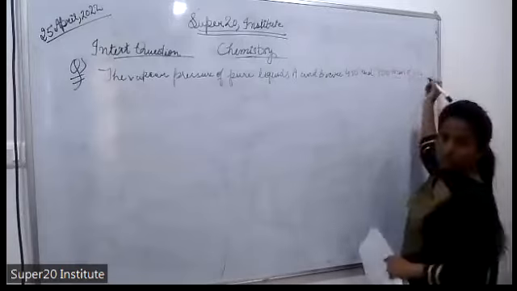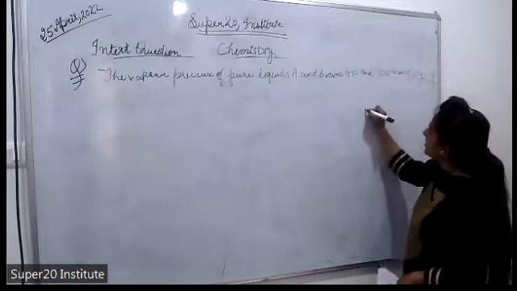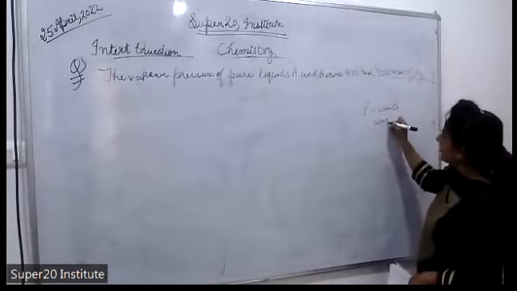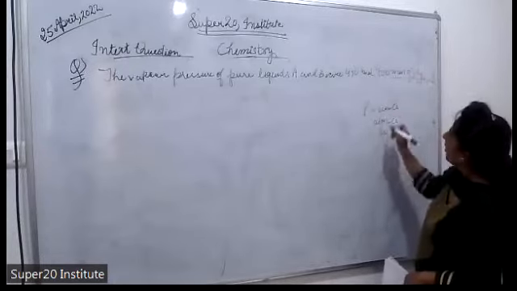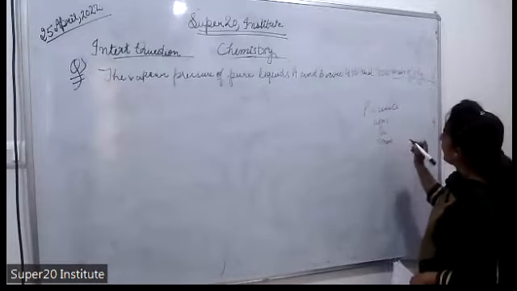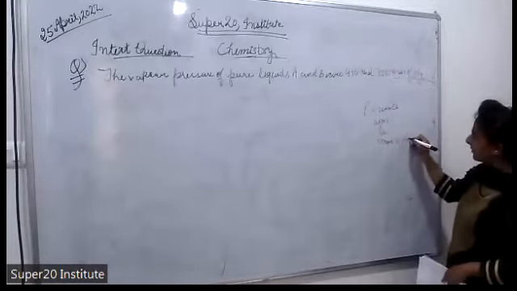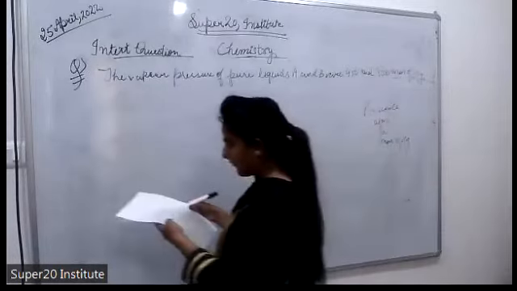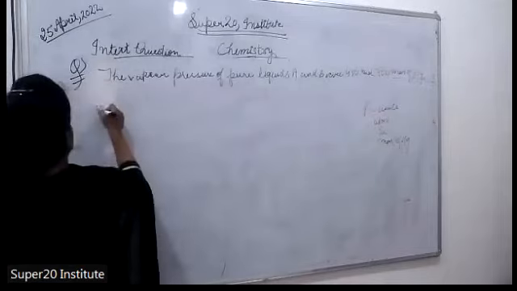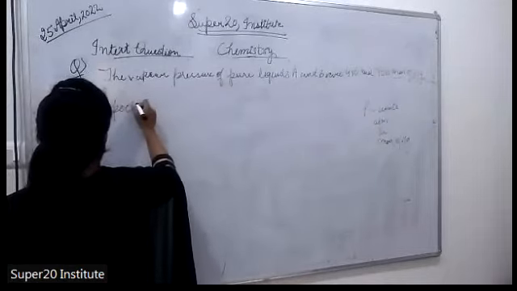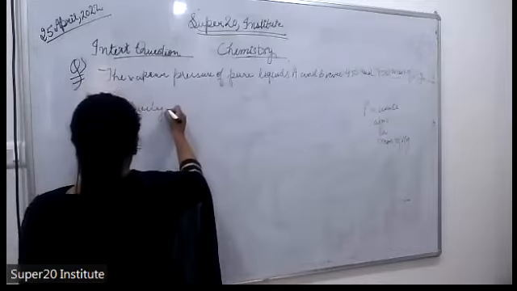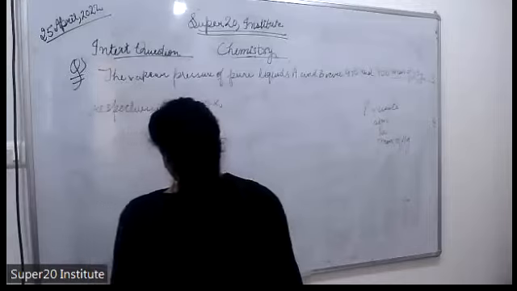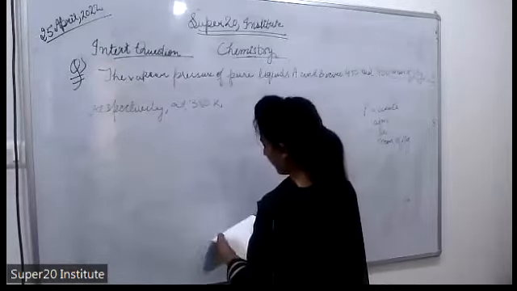Okay, this is also a unit of pressure. So which units of pressure have we studied? The units we have studied so far are atmosphere, then Pascal, and now this is mm of mercury column. Okay, this is the question: 450 and 700 mm of mercury respectively at 350 Kelvin.